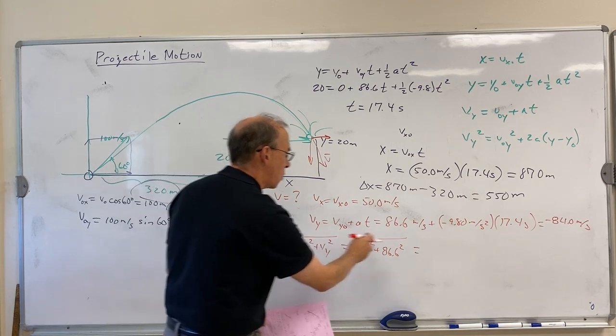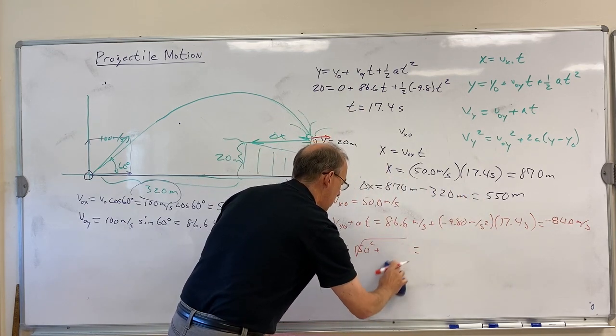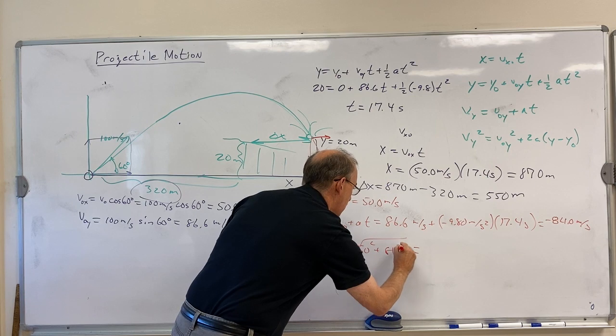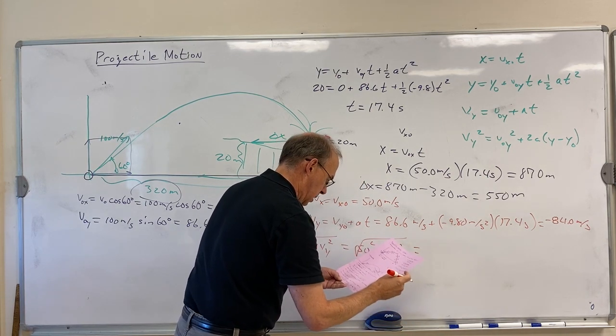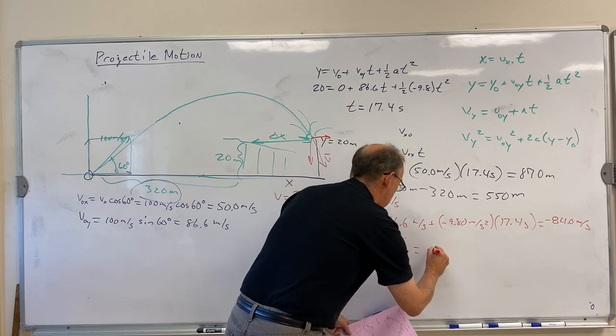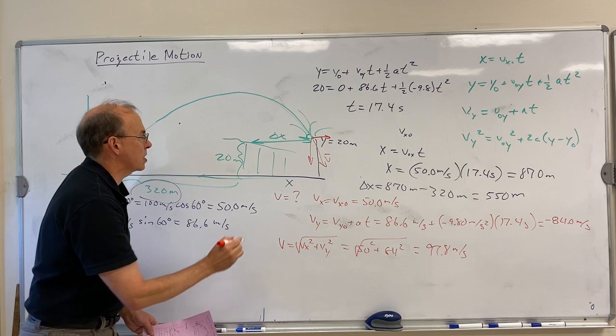Sorry, that's 84. That was 84. I just looked at the wrong number. 84 squared gives me 97.8 meters per second. That's the total velocity here.